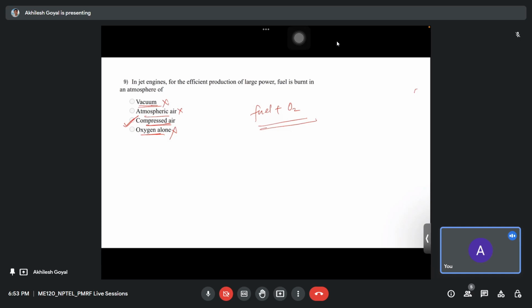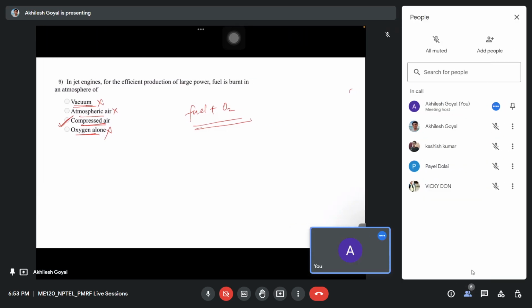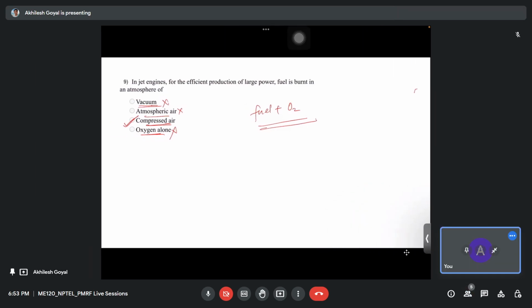With oxygen alone, complete burning of fuel is possible, but supply of oxygen alone is not possible in the case of a jet engine. So that option is also wrong, and compressed air is the right option to get efficient production of large power. Okay, Payal, you got it?